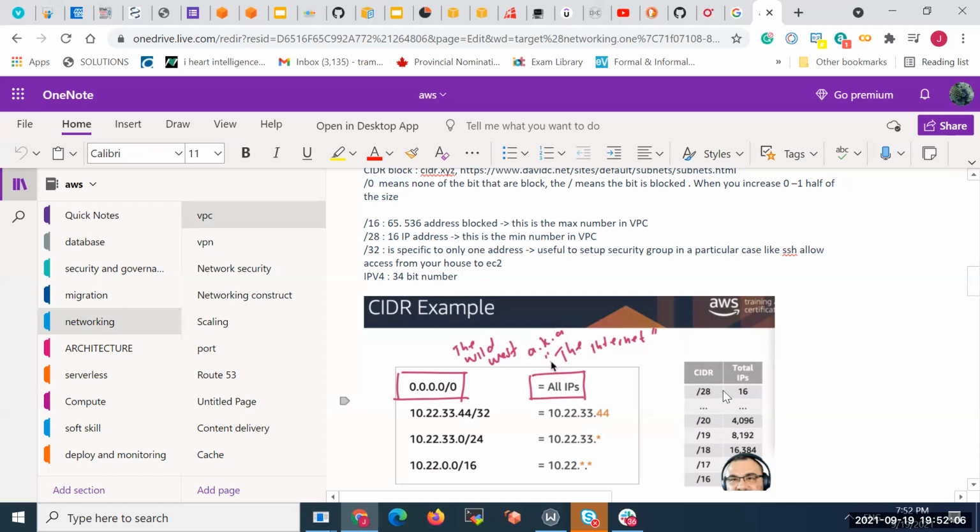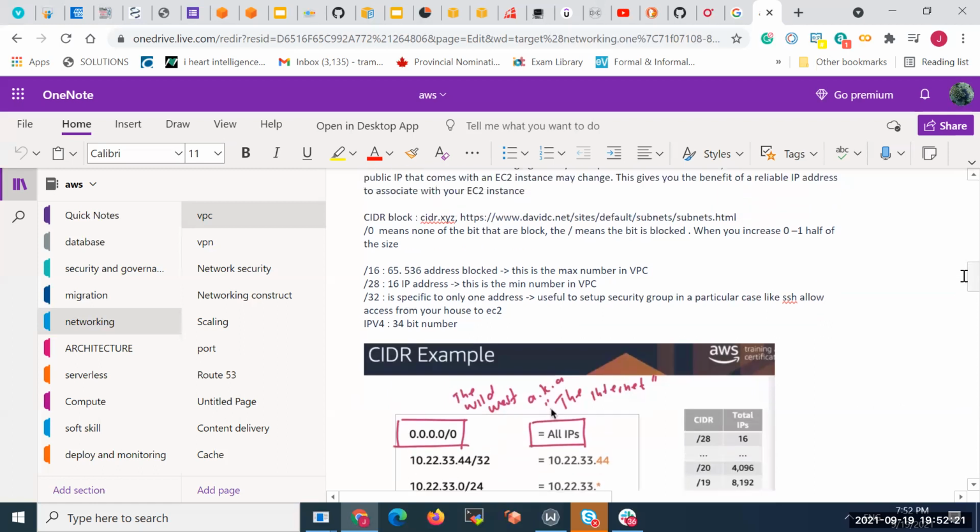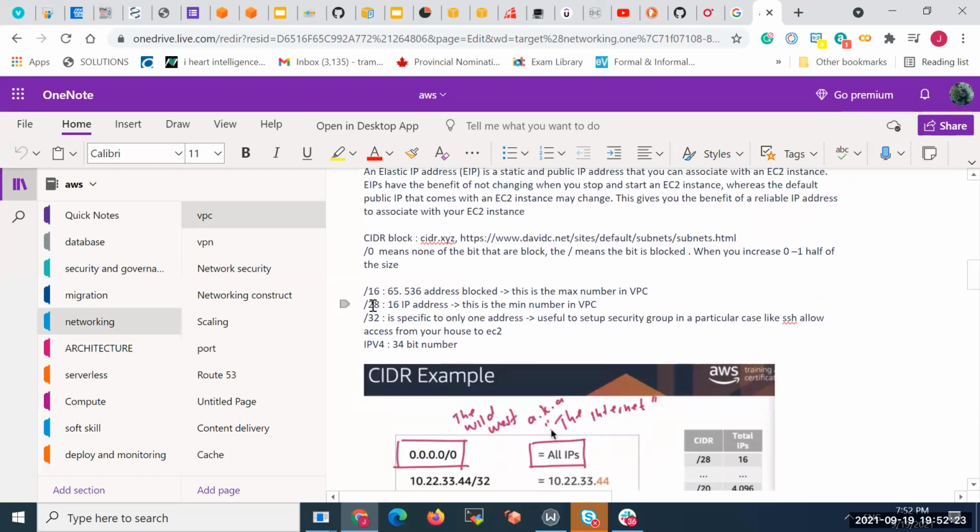For example, you only want to allow SSH exactly from the personal laptop, or the desktop that you have in your house, to the EC2 instance. And if you have the smaller slash, then you will have more IP addresses.